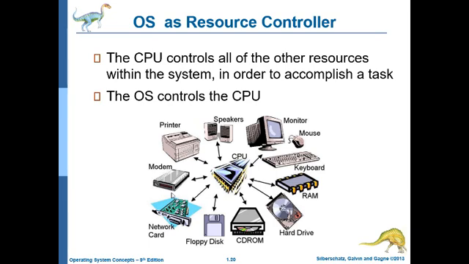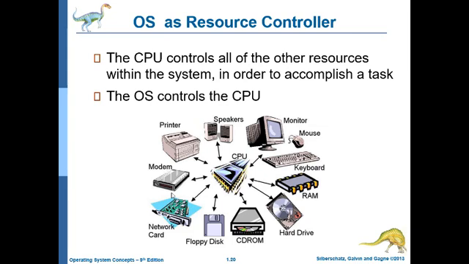So we have already seen that operating system is a resource controller. Here in this diagram you don't see an operating system. What you see is a CPU which controls all these devices, speakers, printers, modems, etc. These are controlled by the CPU. But who will control the CPU?